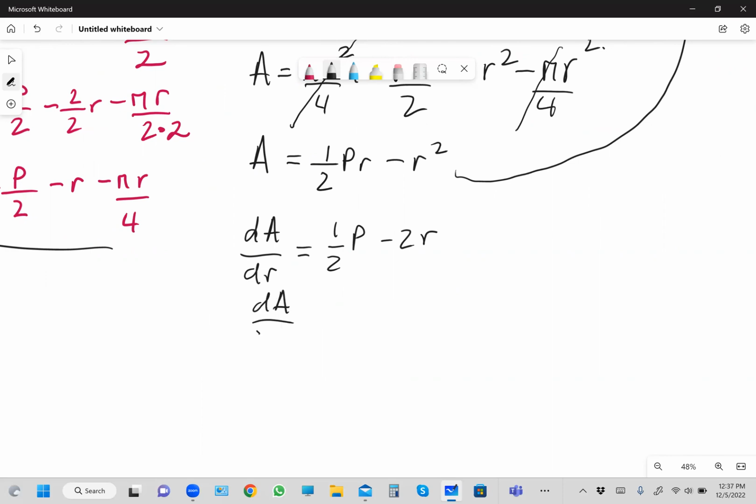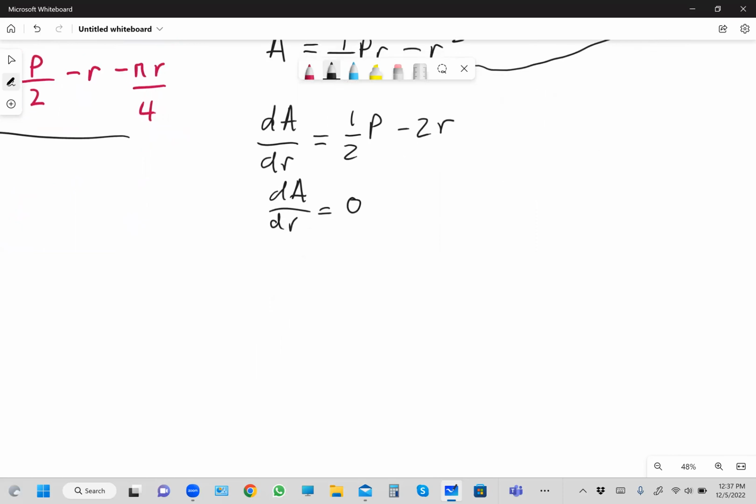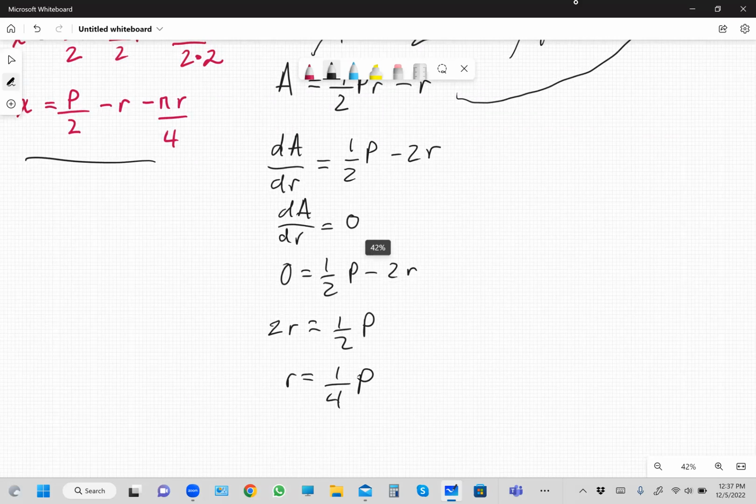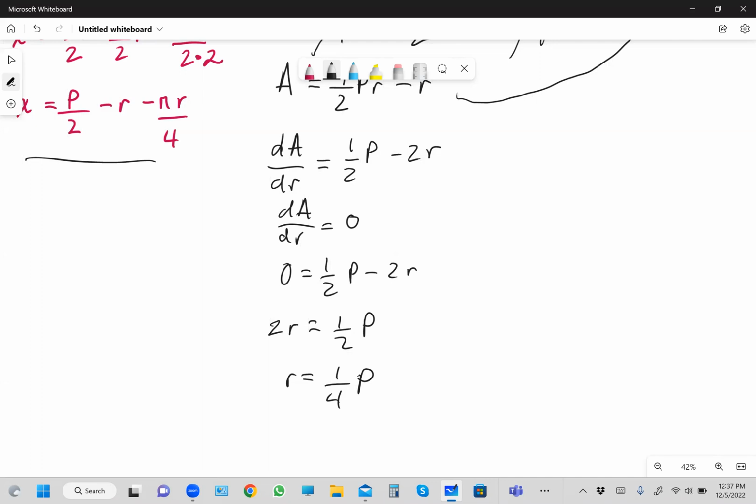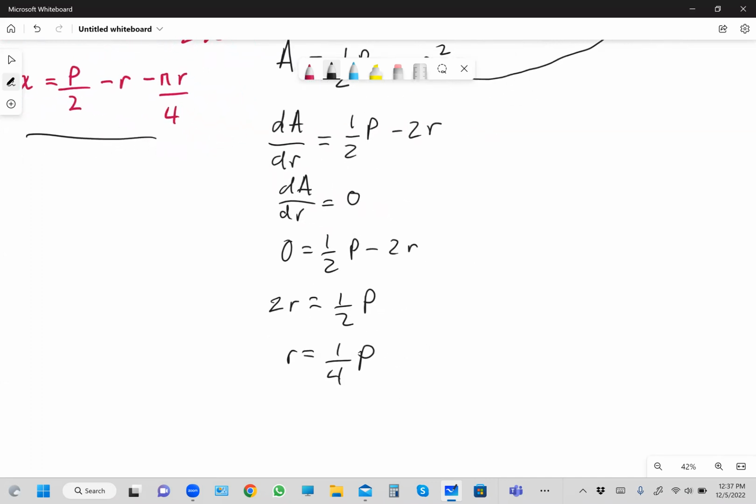dA/dR is equal to 0 when there's a stationary point. So 0 equals half P minus 2R. Therefore, 2R must equal half P. So R must equal a quarter of the perimeter. Now, this is important. All right. A quarter of the perimeter.